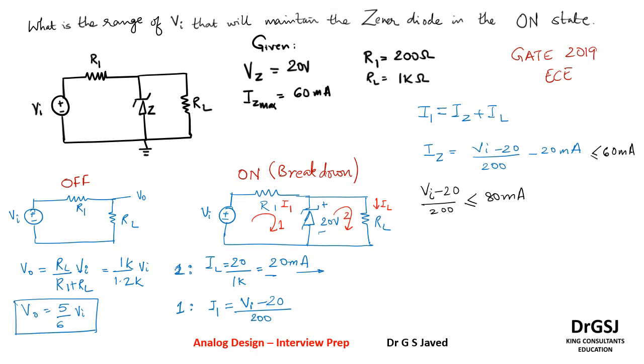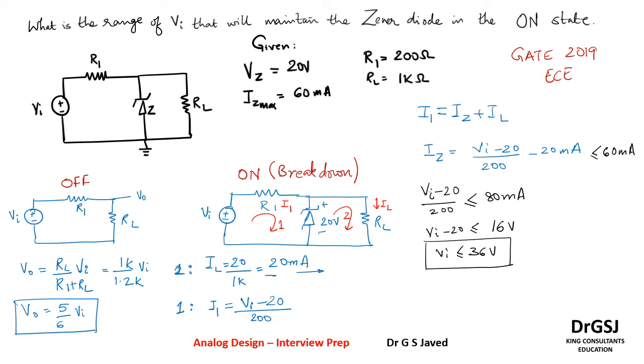So Vi minus 20 is less than or equal to 200 times 80, which is 16,000, and 16,000 times 1 milliampere gives you 16 volt. So Vi is less than or equal to 36 volt. This is the higher end.